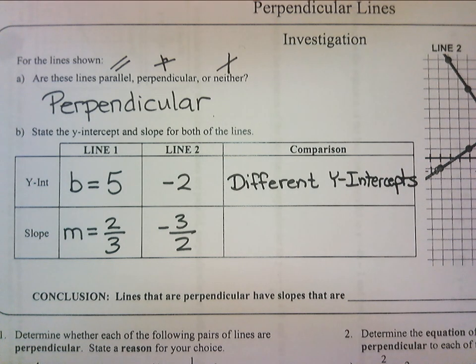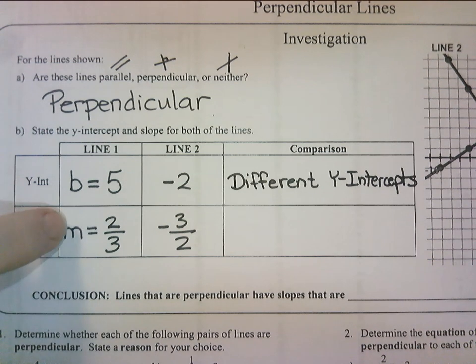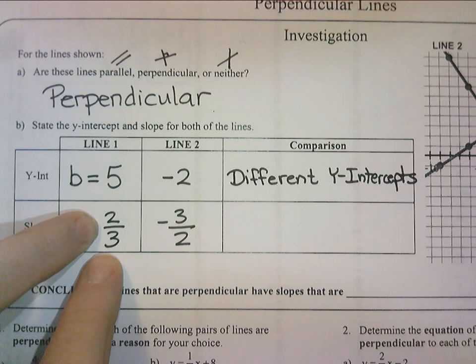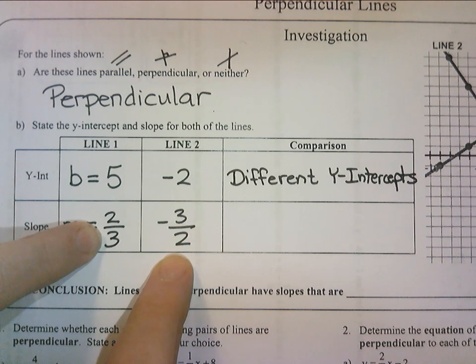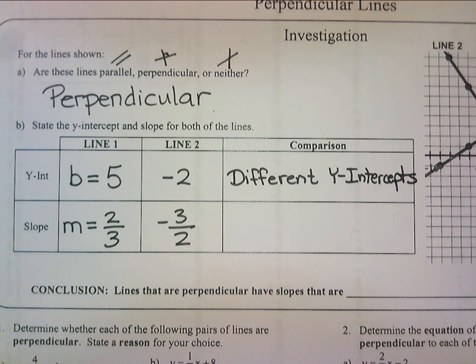And when I look at the slope, I also notice they don't have the same slope. But there definitely is a connection between the two slopes. They use the same numbers. So this one here we have 2 over 3, and this one here we have 3 over 2. So they have the same numbers, they're just upside down.